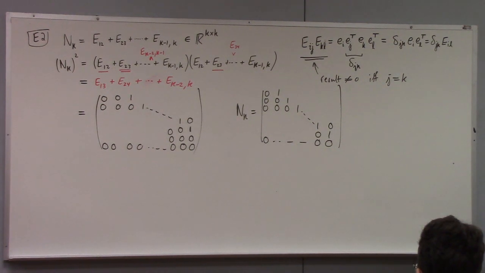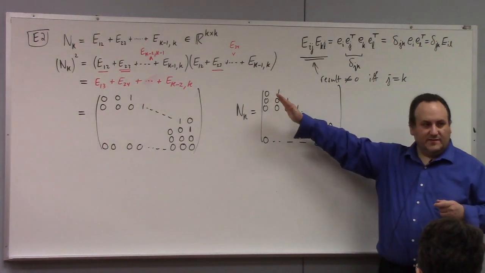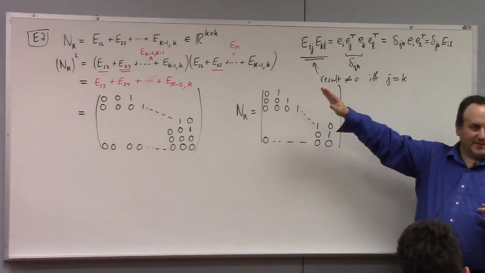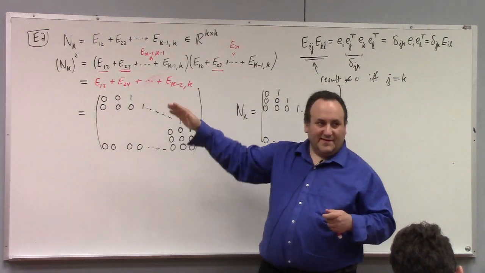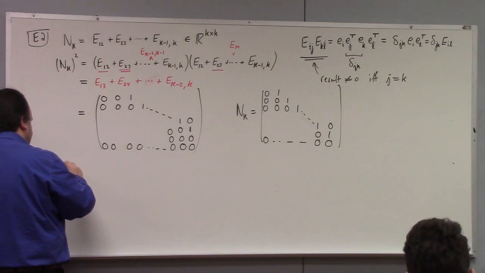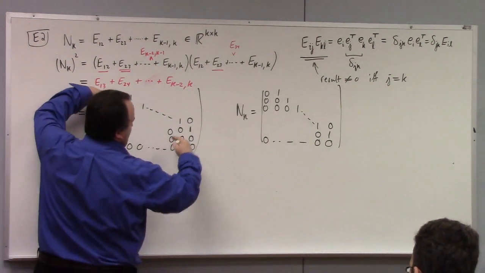When you square this, what it does is it pushes this band of 1s up 1. Bloop. Now it's on the second super diagonal. See? When you cube it, what happens? Like n sub k cubed, it moves the 1s up 1 more.